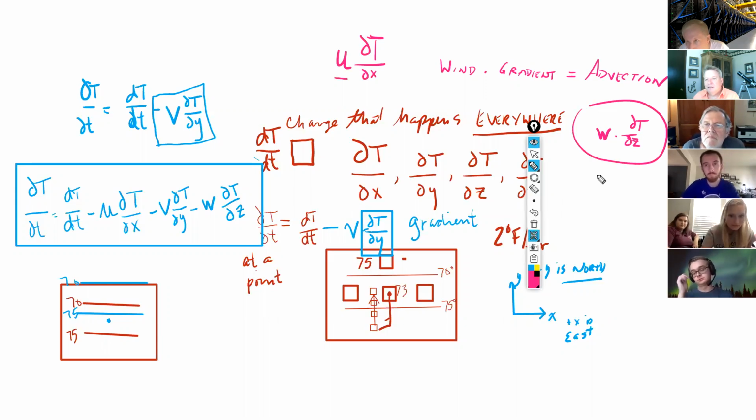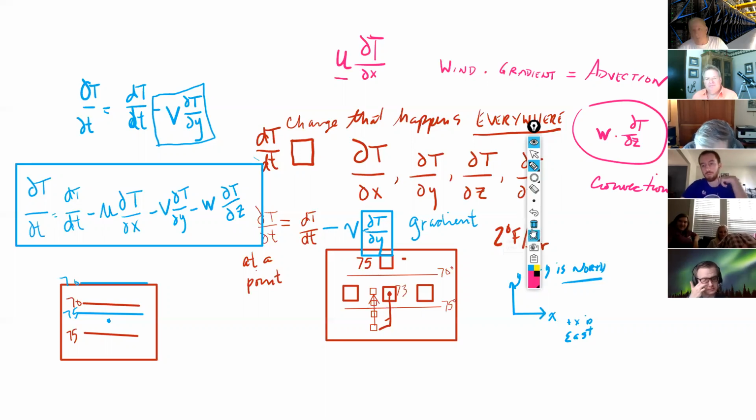Vertical motion. Well, W is vertical velocity, right? This is the temperature gradient in the vertical, or lapse rate. But do we call it advection? Convection. That's the convective term, right? That's convection, but it's vertical advection.